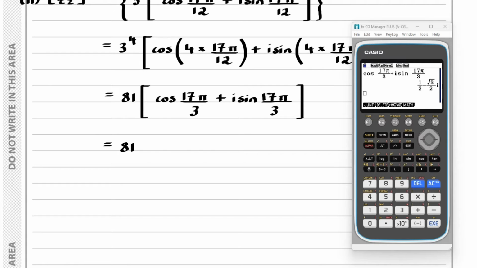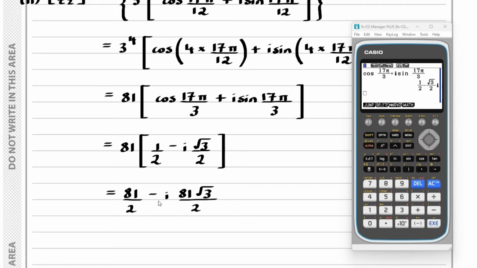So we multiply 81 by 1/2 subtract i multiplied by root 3 over 2, and if I multiply this out, we get 81 over 2 subtract i times 81 root 3 over 2.